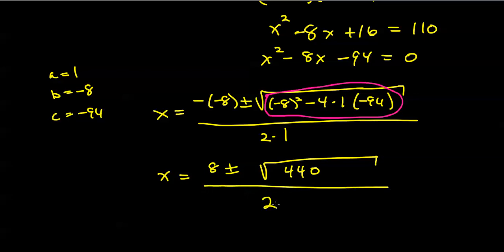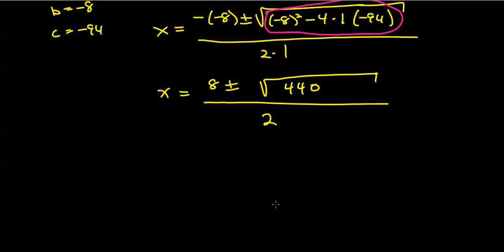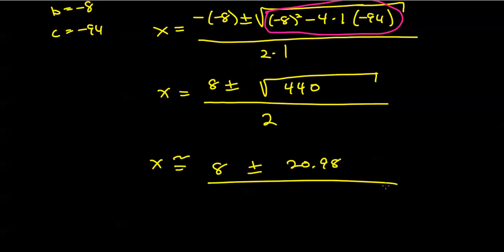So I'm going to have to do some estimating here. If I punch 440 and take the square root with my calculator, I'll say x is approximately equal to 8 plus or minus, well, the book says to round this off to the nearest hundredth, so I'll round that square root off to the nearest 100th.